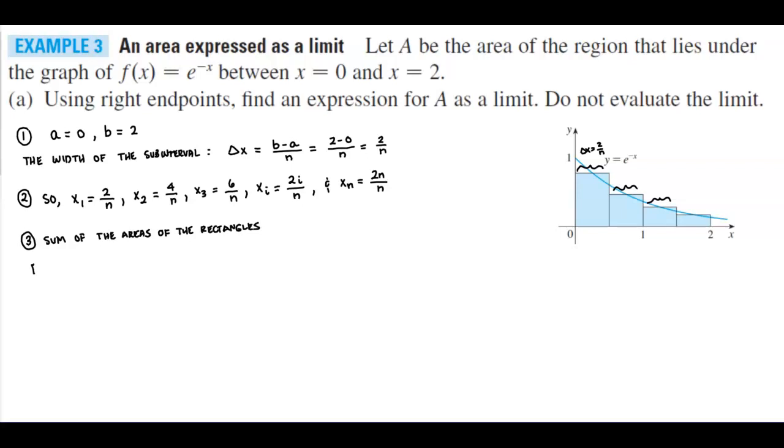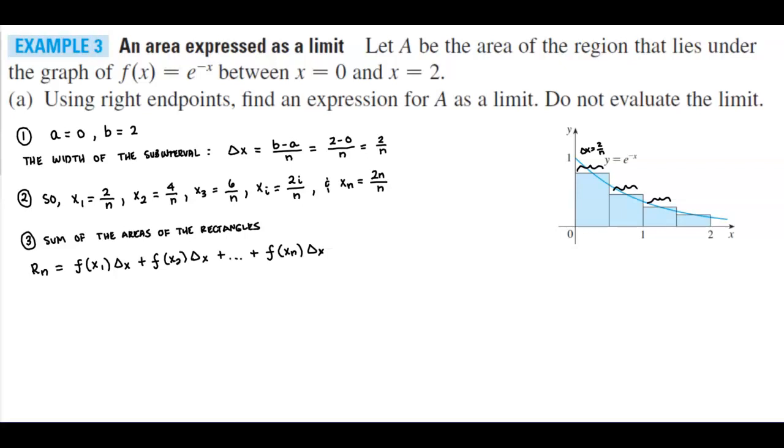That means if we take r subscript n, that's going to equal f of x subscript 1 multiplied by delta x, which is the width. Then again, we take the height, f of x subscript 2, and multiply that by delta x. Plus, continuing all the way to the value of n, f of x subscript n times delta x.